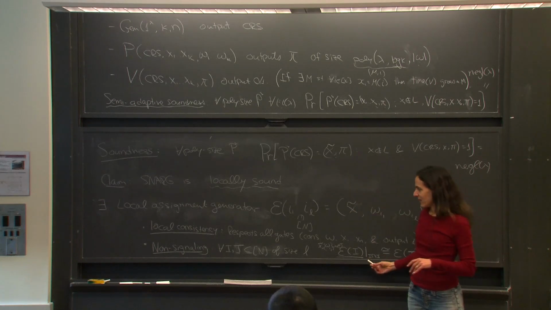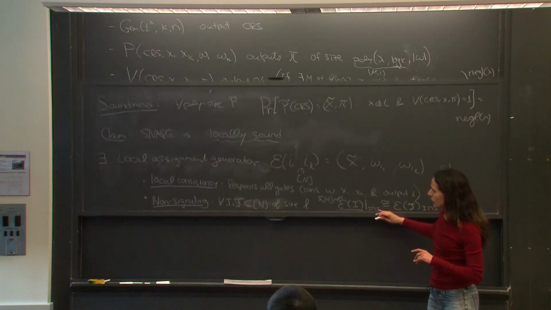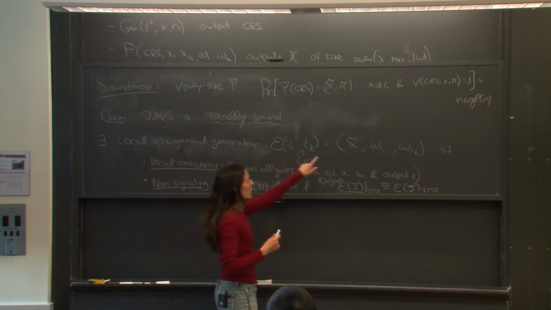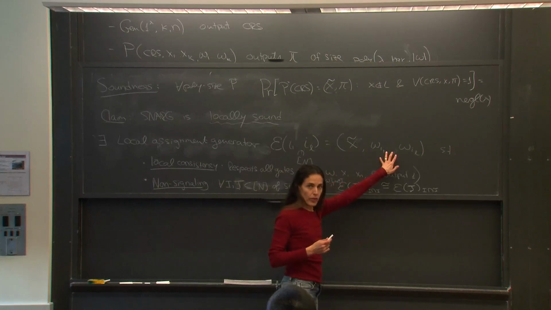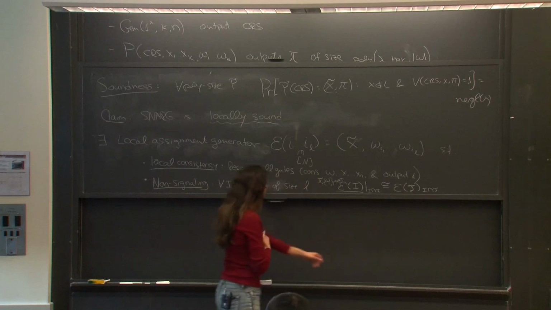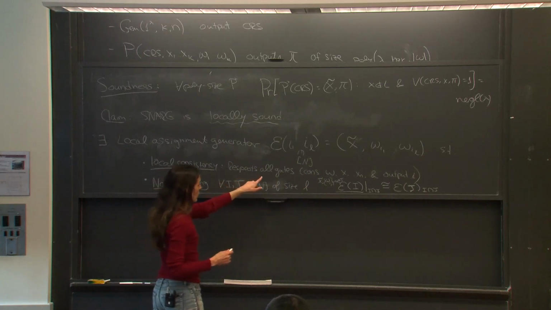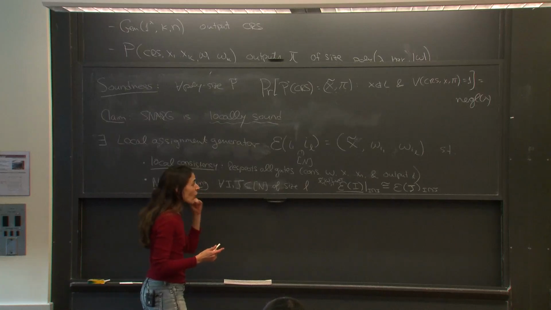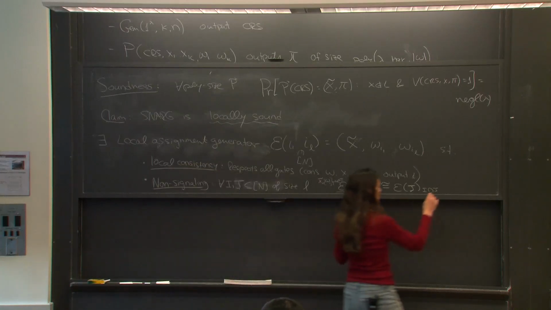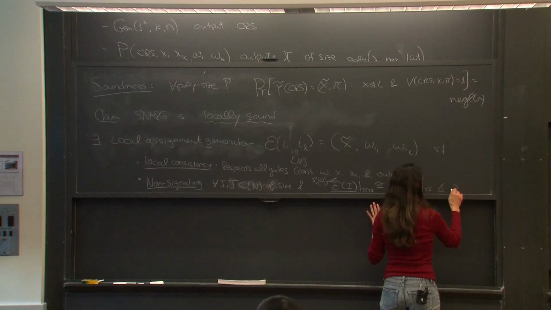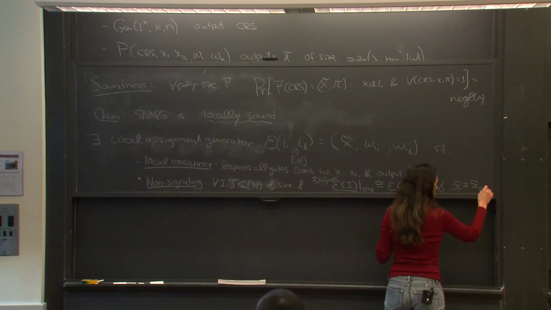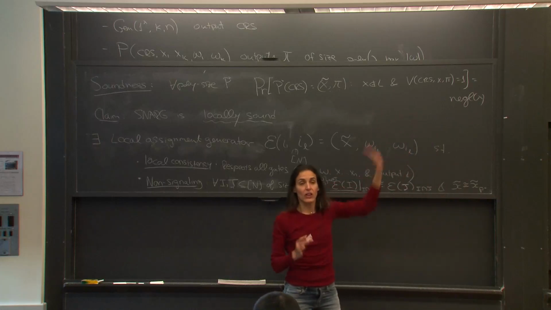So let's say again, the local assignment generator outputs a crooked X with partial assignments to some of the wires, the L wires, such that it's consistent, non-signaling, and X tilde is indistinguishable from the X tilde of P star. So P star also outputs X tilde. They look the same.